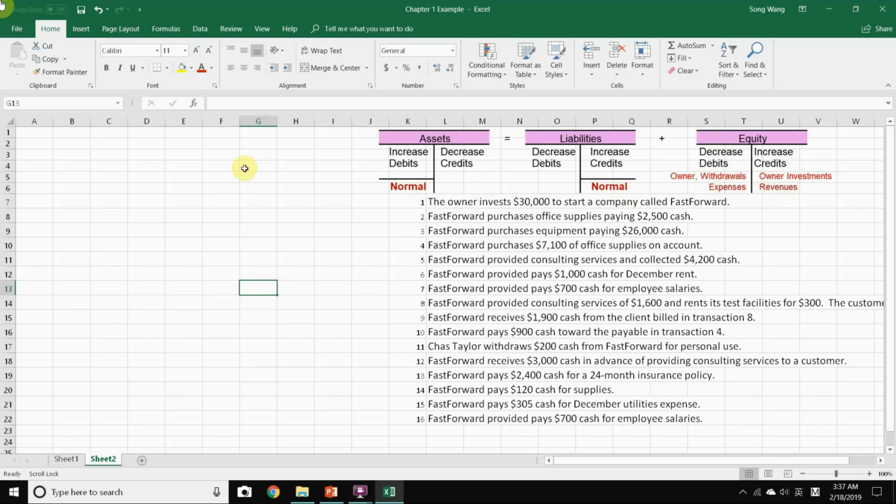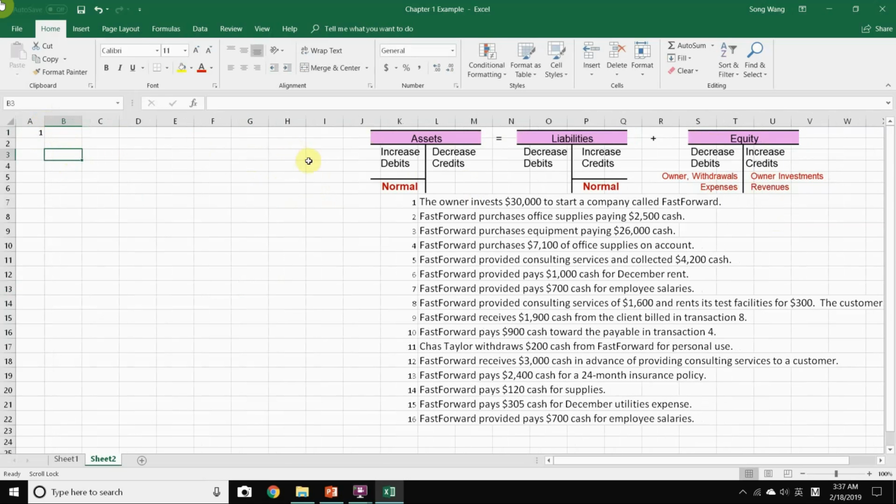So let's first do the account, and we're gonna first do it on a transaction by transaction basis. So this is called journal entries. So let's see, the first one being mentioned here is the owner invested $30,000 to start a company, and we always have this credit and a debit.